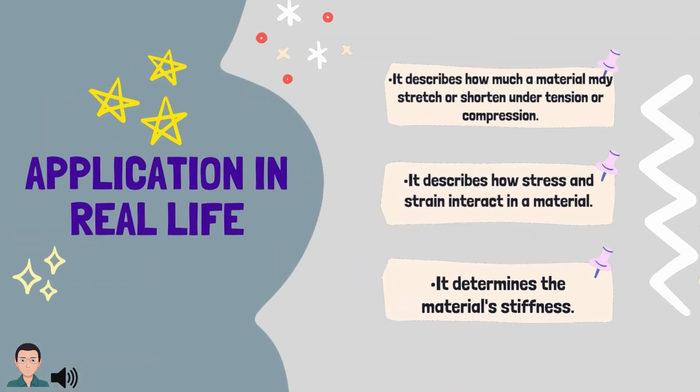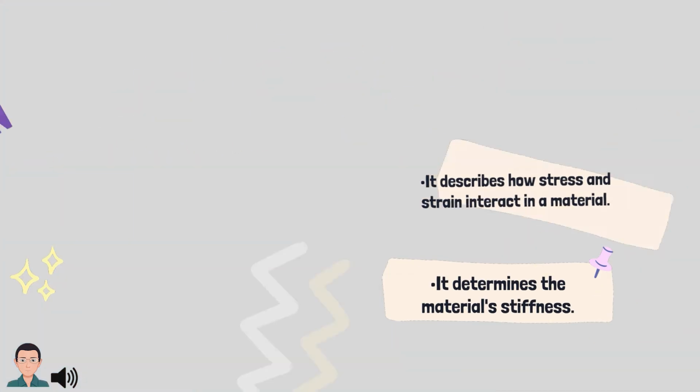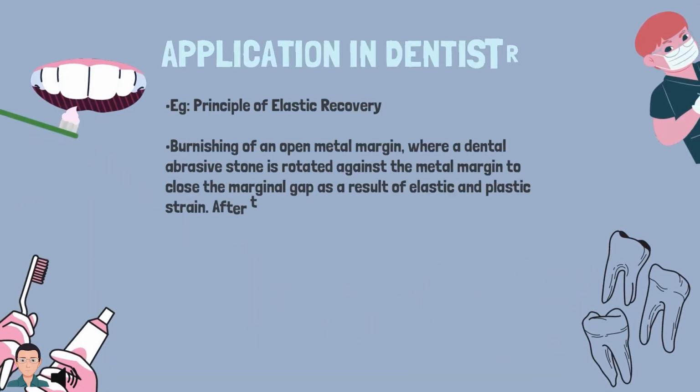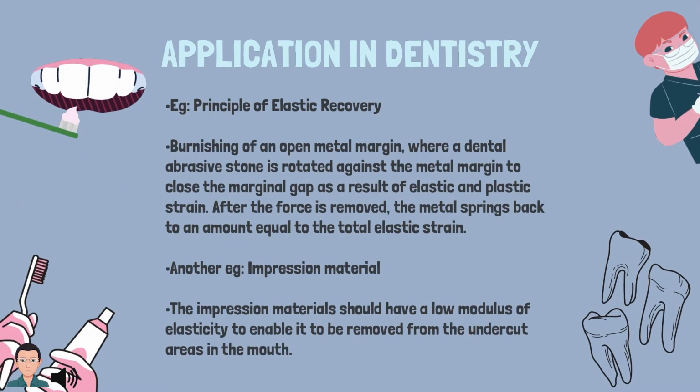Next, application in real life of elasticity. Examples are: it determines the material stiffness. It describes how stress and strain interact in a material. It describes how much a material may stretch or shorten under tension or compression. Next, application in dentistry. An example is the principle of elastic recovery.